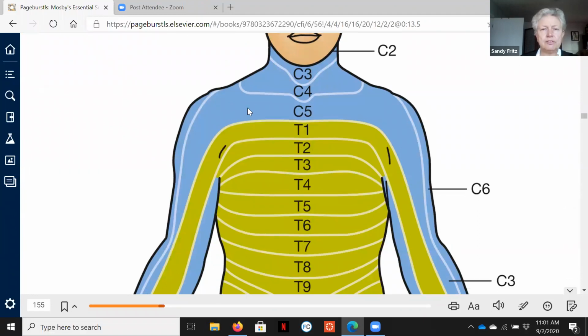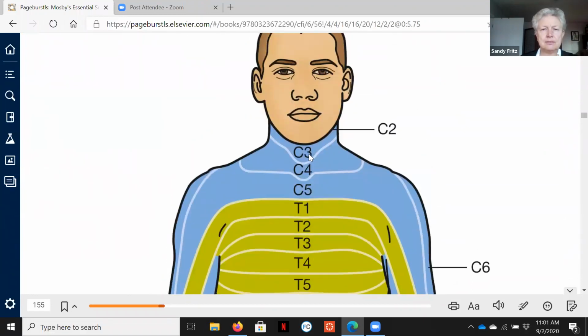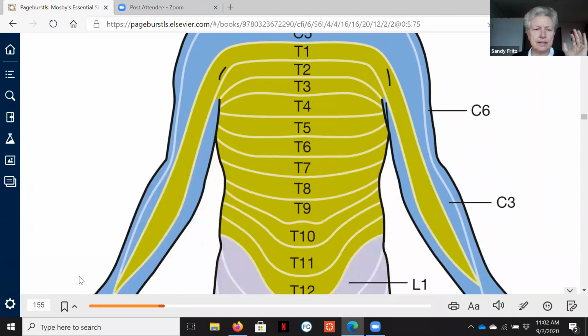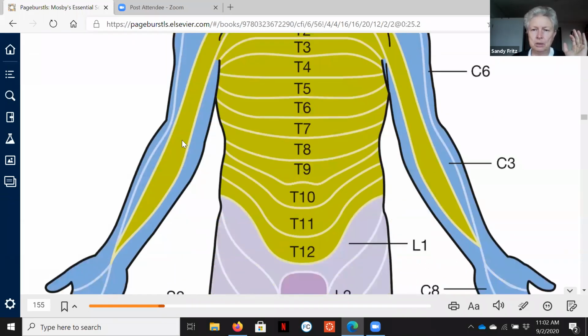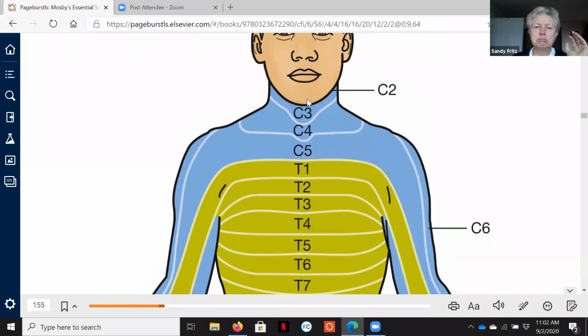So if somebody comes to us and says, I am experiencing numbness, tingling, discomfort, whatever they want to call it, and they swipe along this area of blue, we can maybe make an assumption that something is going on up here in the cervical area.